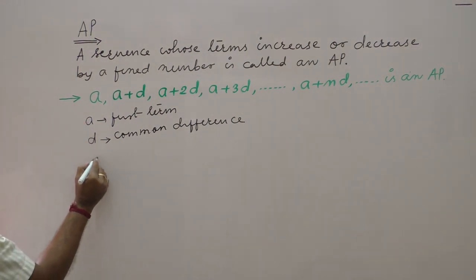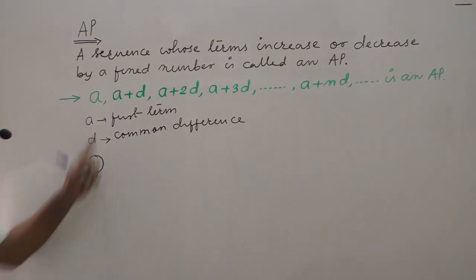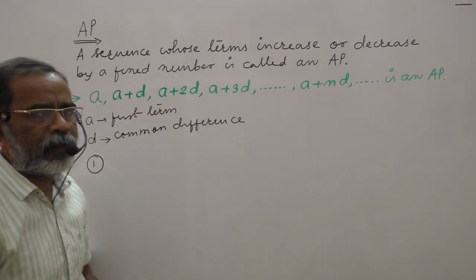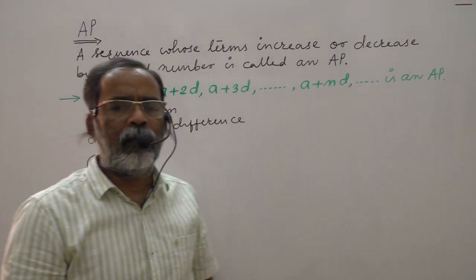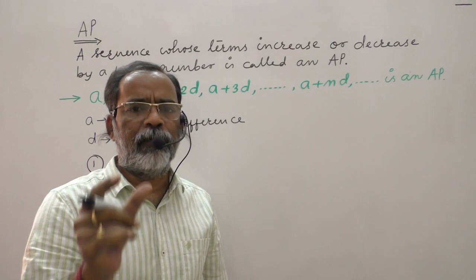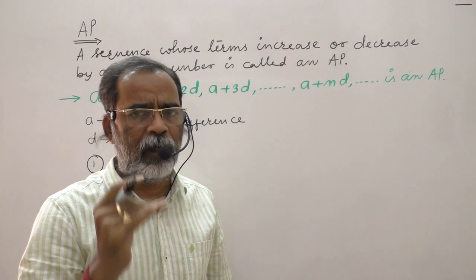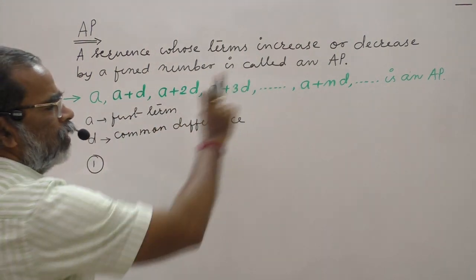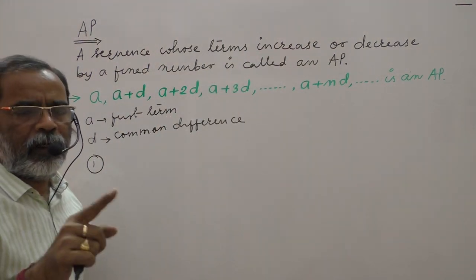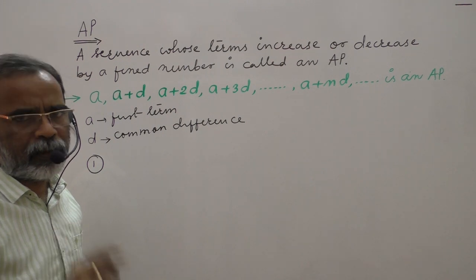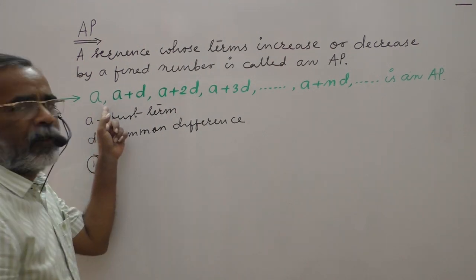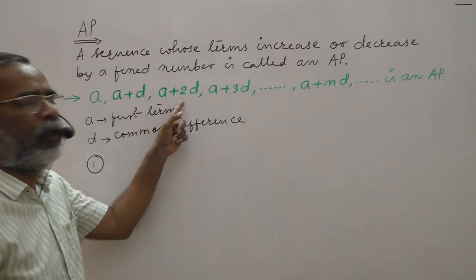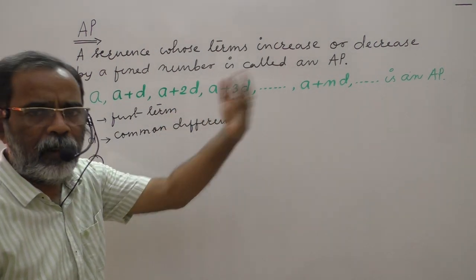Now we will see, if you want to write a general term, what is the general term? The general term is an expression which will give us all the terms for different values of n. Generally terms are denoted by T1, T2, T3, etc. T1 means first term, T2 second term, T3 third term, Tn nth term.